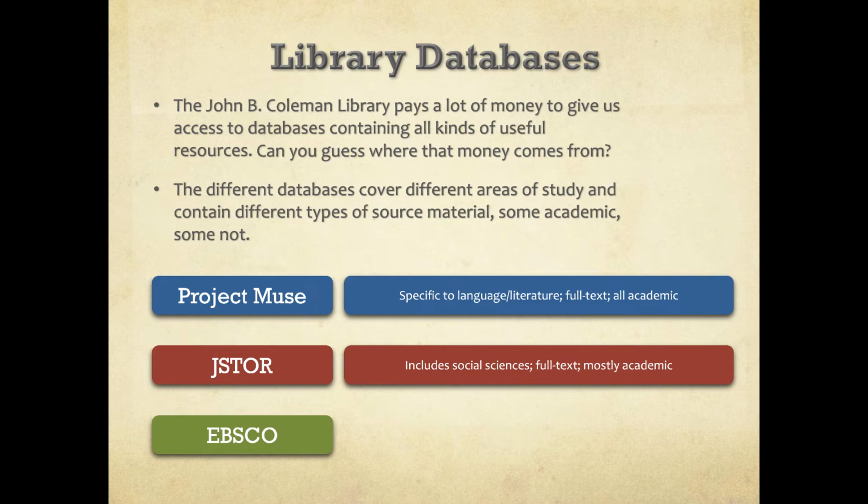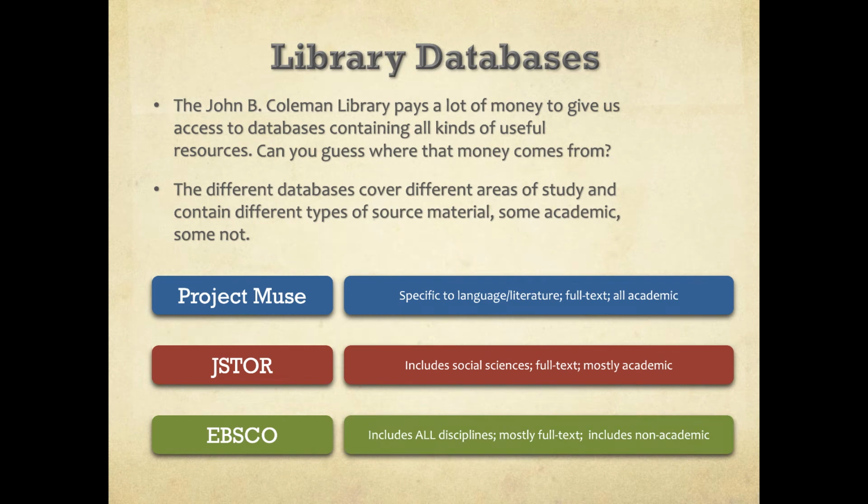And then finally, EBSCO is one that I assume most people are already familiar with because it's very broadly used. It includes all disciplines, so you probably use this in other classes. It's mostly full text. I think EBSCO does provide some source listings for sources that you can't access directly through EBSCO.